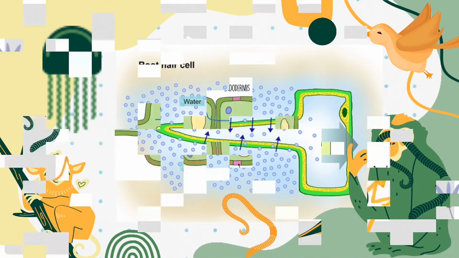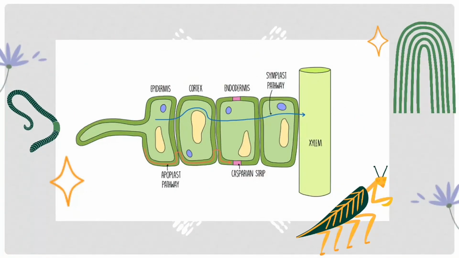The second one is the movement of water from one cell to another. When water has entered through the root hair, it moves from the epidermis to the cortex to the endodermis, from one cell inside the root to another, before it is transported up the plant. This is done by the process of osmosis.